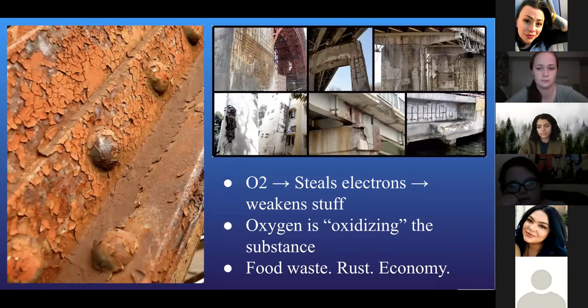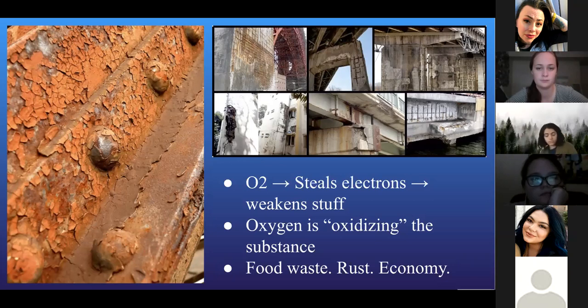In the presence of its little buddy water, oxygen can strip away electrons from iron, turns it into iron oxide, rust. Now, what's interesting here, something I didn't know, the global economic cost of oxidizing metals is somewhere around the tune of $2.5 trillion.